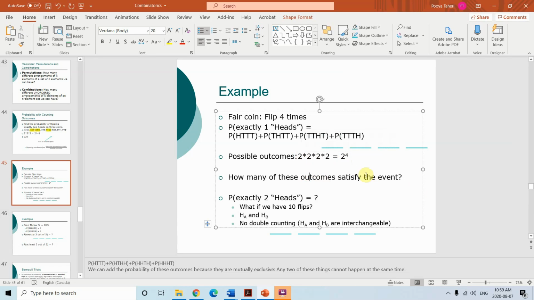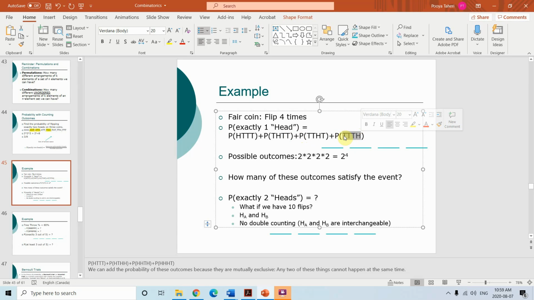Okay, out of these 16 possible outcomes, how many of them satisfy what we want, having exactly 1 head and the rest of them tails, right? So you see that either this sequence, this sequence, this sequence, or this sequence.